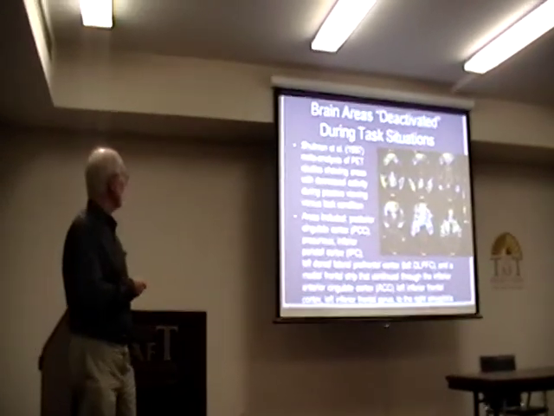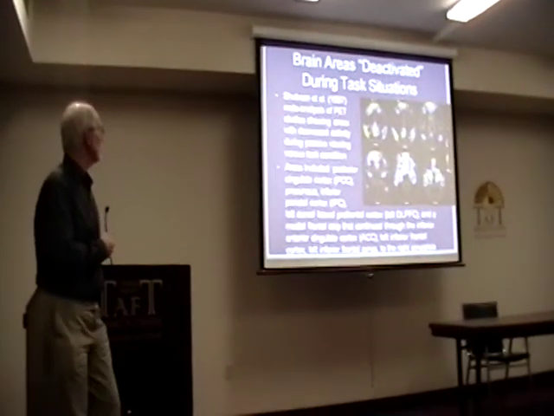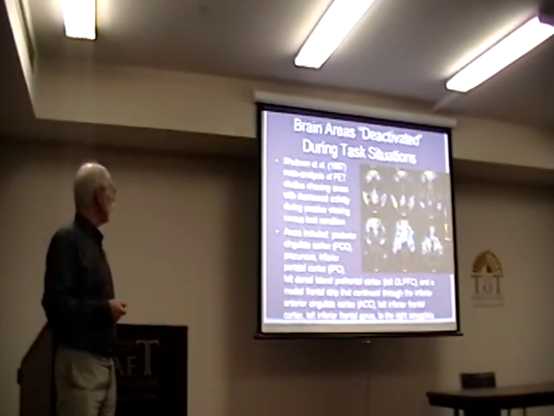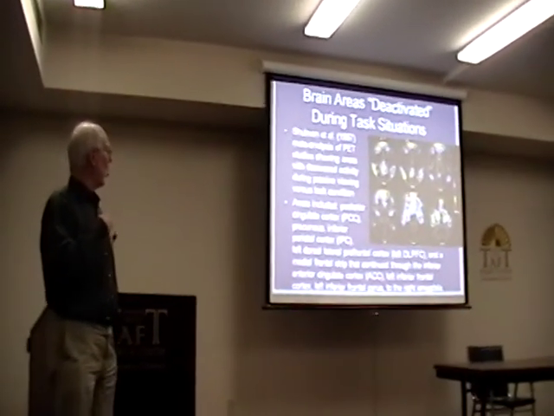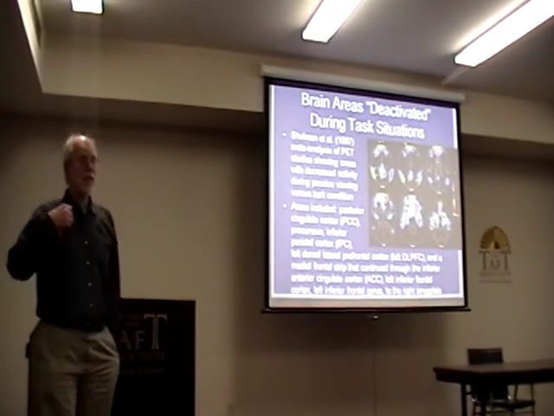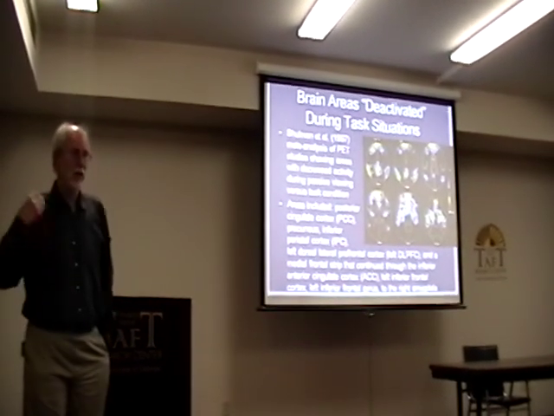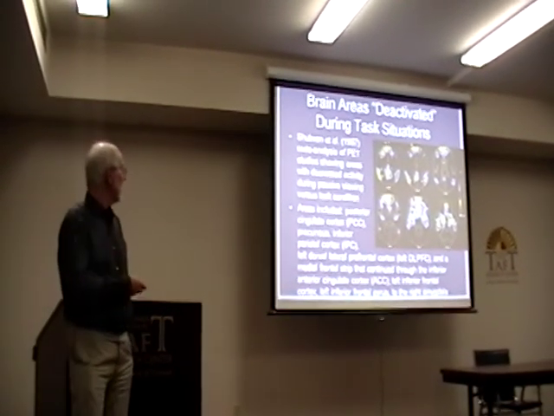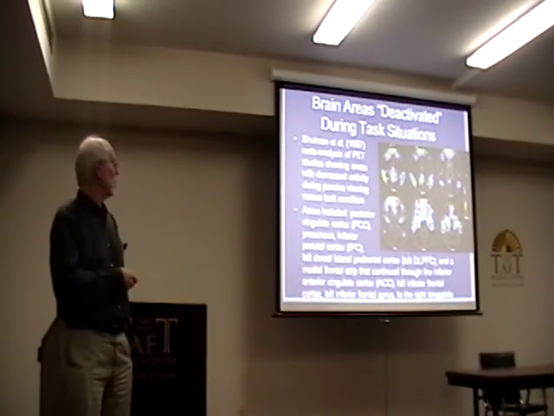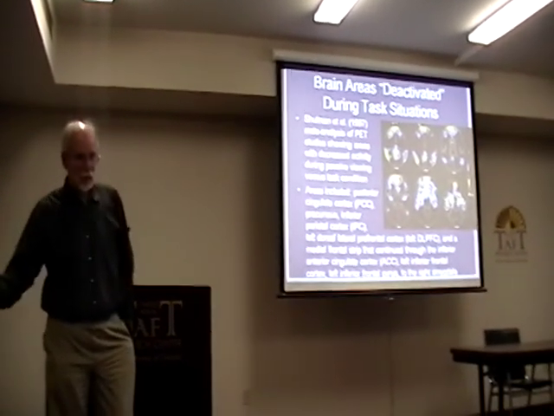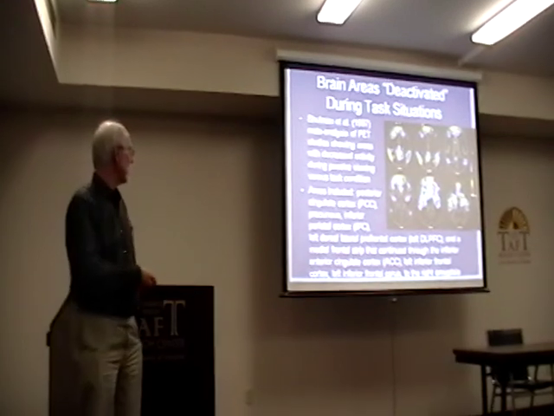One of the things that actually led to this was Gordon Shulman and his collaborators in the Raichle lab noticing that in a whole host of tasks, there were a set of areas that seemed to decrease their activity as the person was performing the task, not increasing. So they seemed to be areas that were most active when the person was in the contrast state, not in the active state.